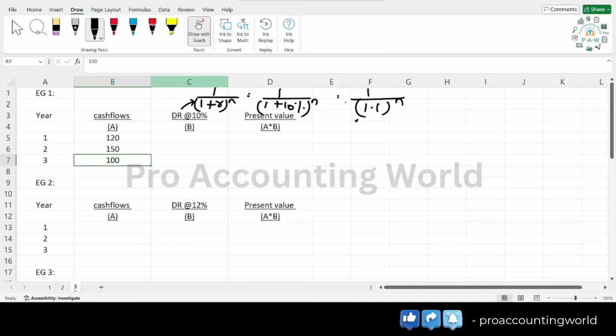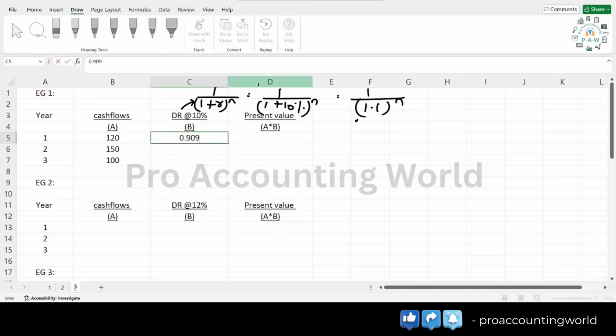So all of you take your calculator. Press 1 divided by 1.1 equal to, you get 0.909. Always 3 decimals or 4 decimals is advisable.